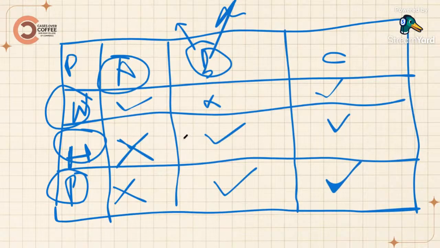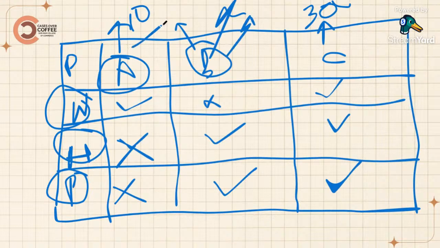Now, while pricing this end product, let's say A is being sold at 10 rupees, and C is being sold at 30. From this competitor analysis, we have found that our product is better than product A, but not as good as product C, which means our price should lie between these two, more than 10 but less than 30.